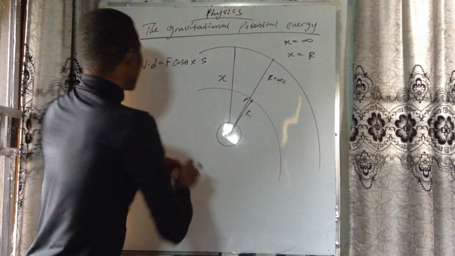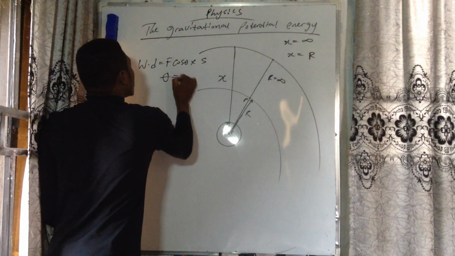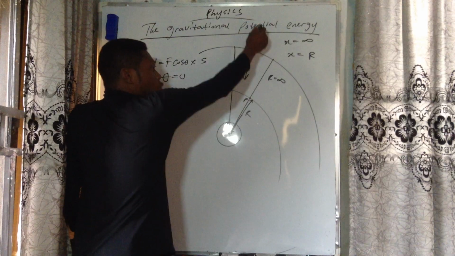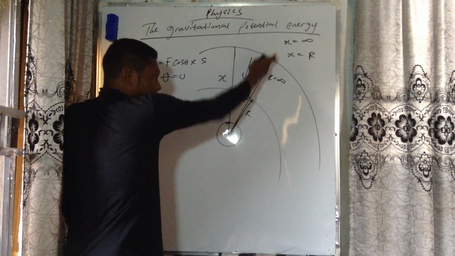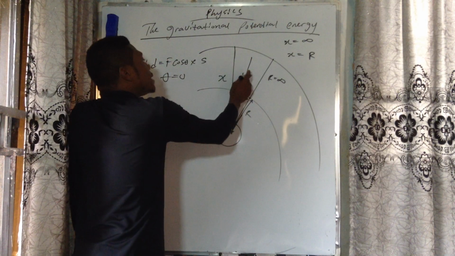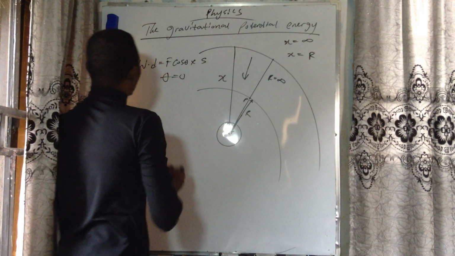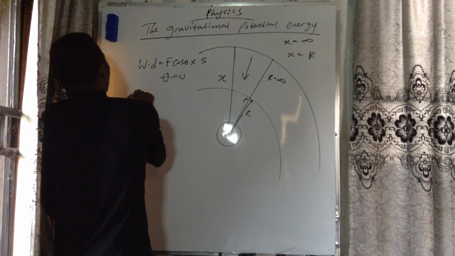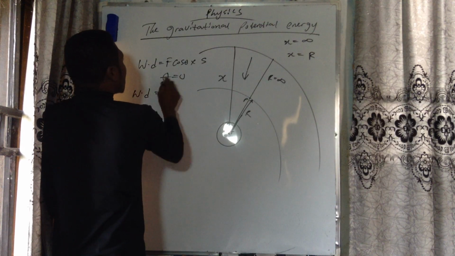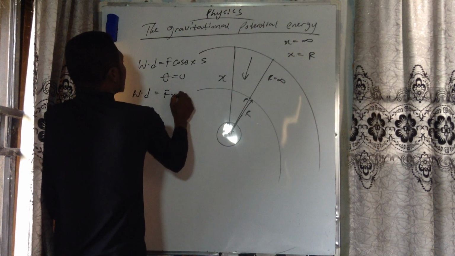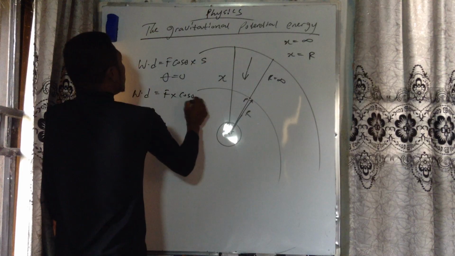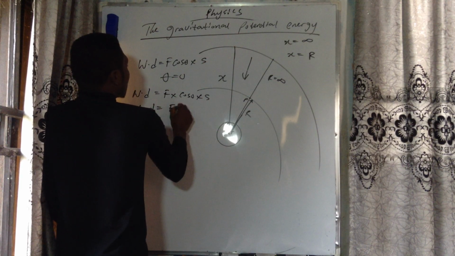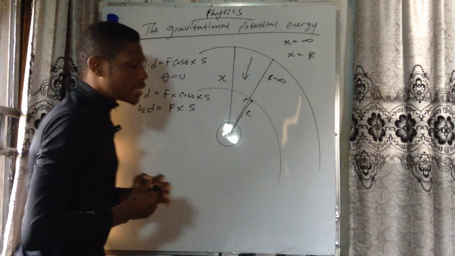This is the direction of the gravitational force, downwards, and this is also the direction of the distance. So the angle between them is 0, that is why theta is equal to 0. So the work done is F times cos 0 times X, which is force times distance.